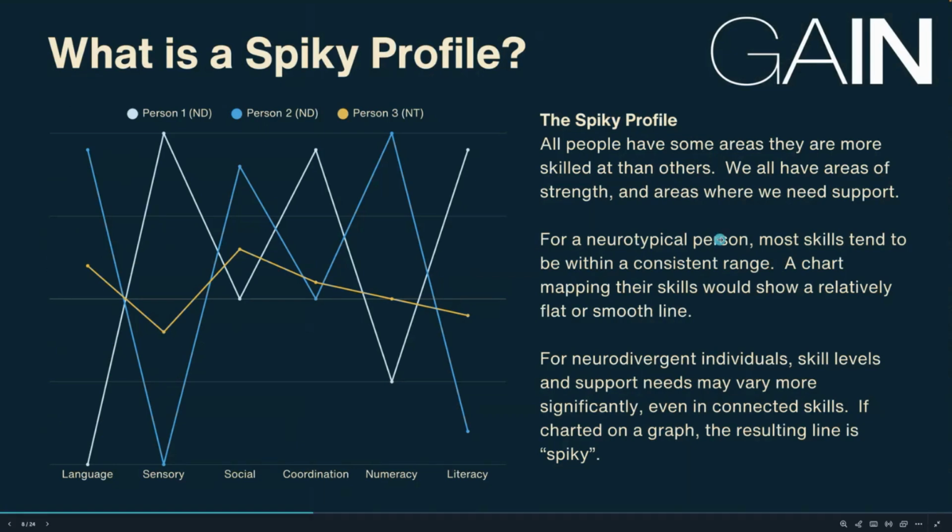There we go. So a spiky profile is a concept looking at different skills, and it further demonstrates that neurodiversity is a spectrum. All people have some areas that they are more skilled in than others. We all have areas of strength and areas where we need support. For a neurotypical person, most skills tend to be within a consistent range.